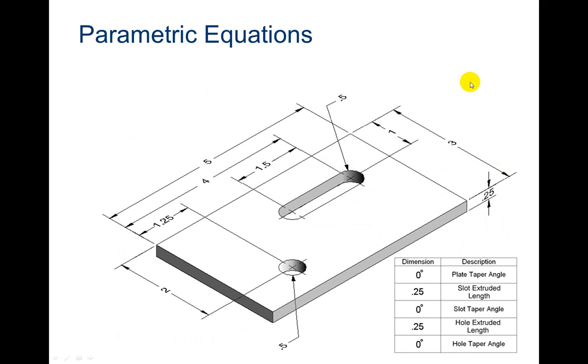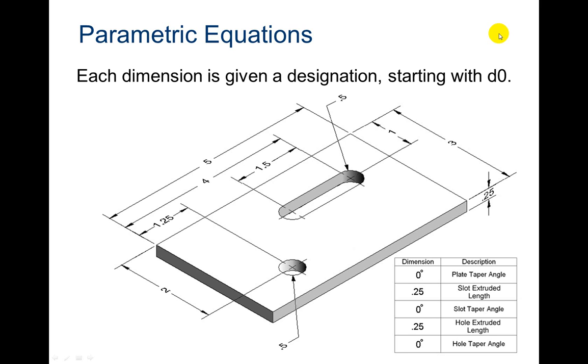So if you have something like this, you've used some parametric constraints with the numbers. Those are going to be the same. And it says all dimensions are given a designation starting with D0. So that means that this very first dimension was D0. They made the rectangle D1. They dimensioned that.